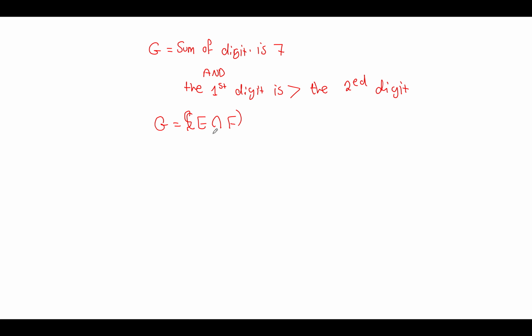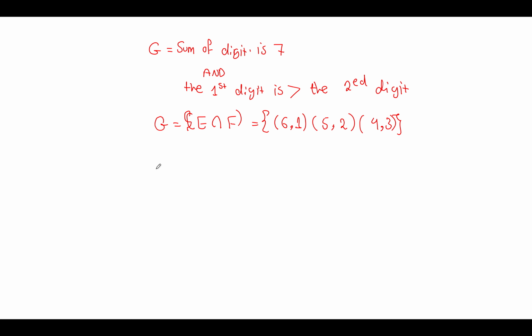So E intersect F is equal to 6 and 1, 5 and 2, 4 and 3. And here we got G.